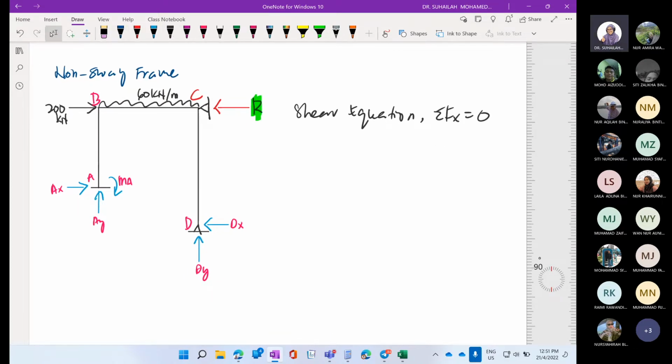We want to write the shear equation, which relates to the column. Shear for column is in the horizontal direction because we want to find this value. So we have to write whatever equation includes R, because our target now is to calculate the R value.